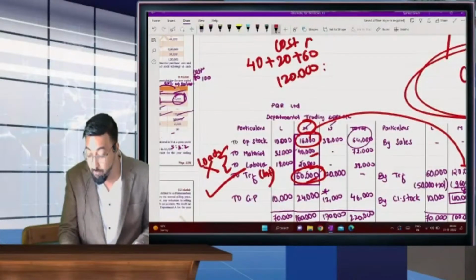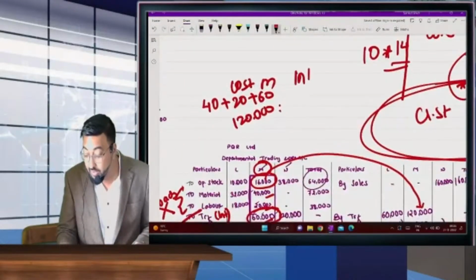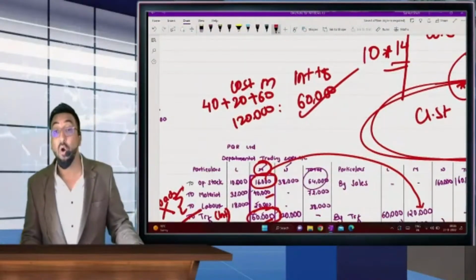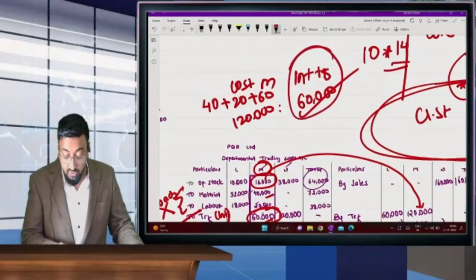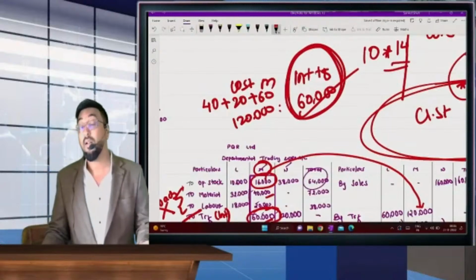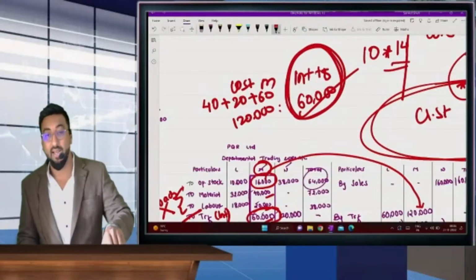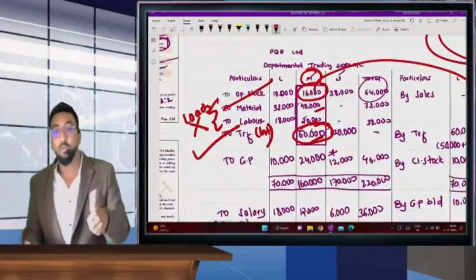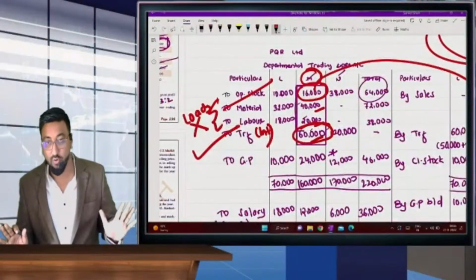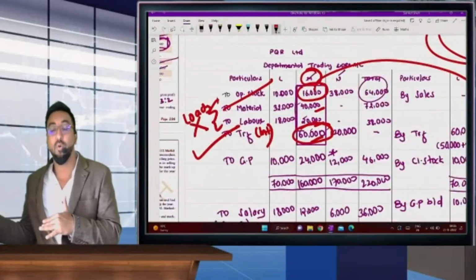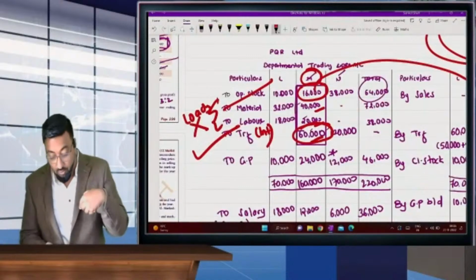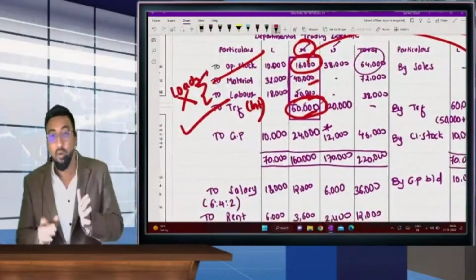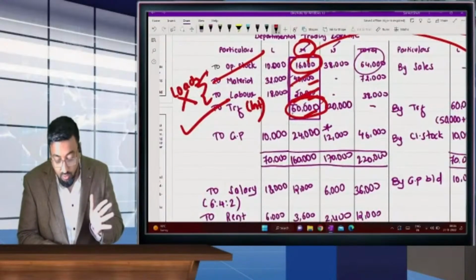Now the cost of M, and out of that how much is internal transfer? 60,000. So loading is not in the whole 1,20,000, loading is only in internal transfer. See, what are the costs of M? Tell me M cost. M cost is opening stock, but opening stock is FIFO method so can't be used. Opening stock is already transferred to N department. Now I am left with closing stock, so closing stock consists of 40,000, 20,000 and 60,000.